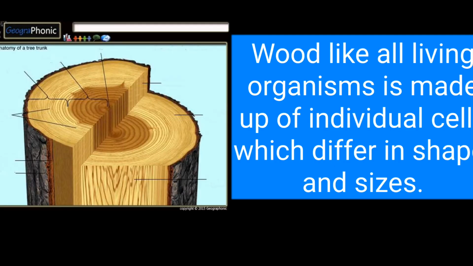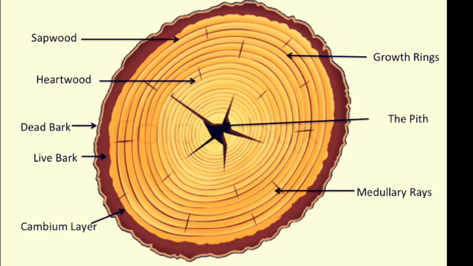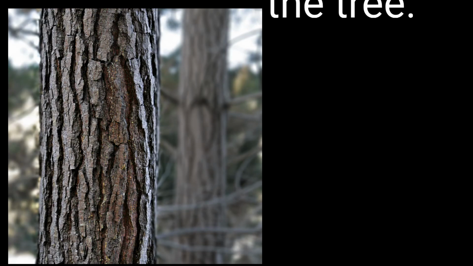Wood, like all living organisms, is made up of individual cells that differ in size and shape. It is majorly composed of cellulose and lignin. A cross-section of the trunk of a tree reveals the following interesting features. Now let's look at the features of the structure of a tree in details.